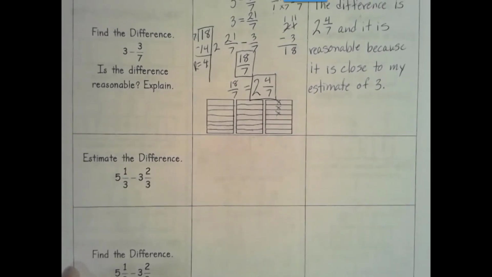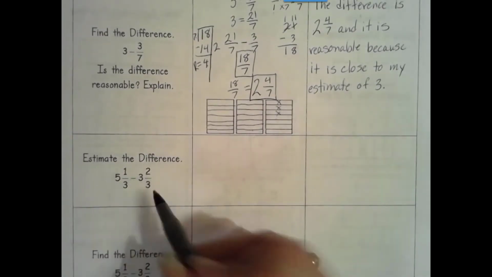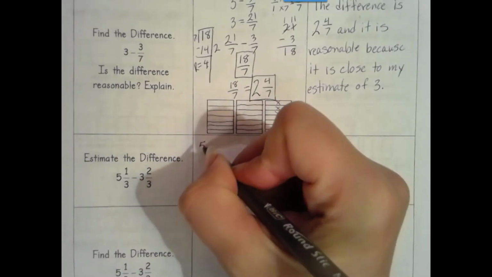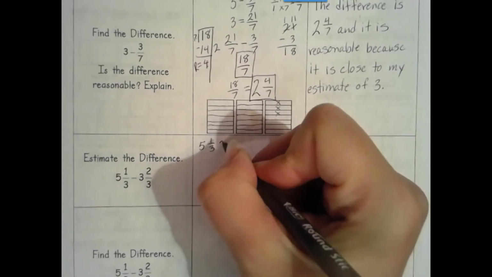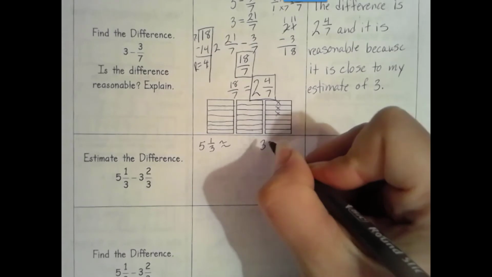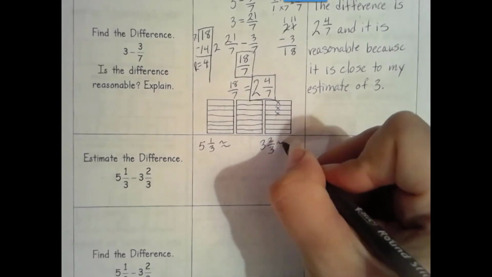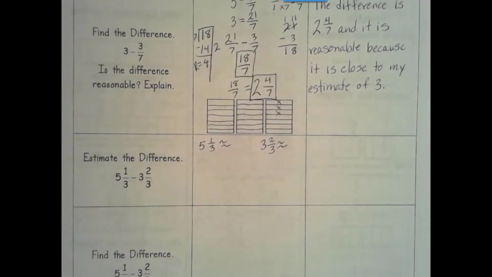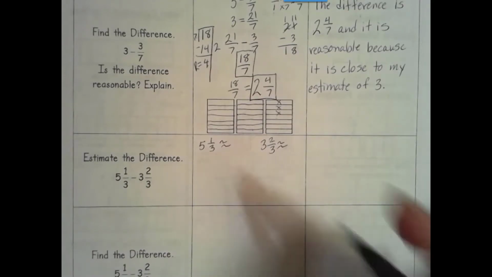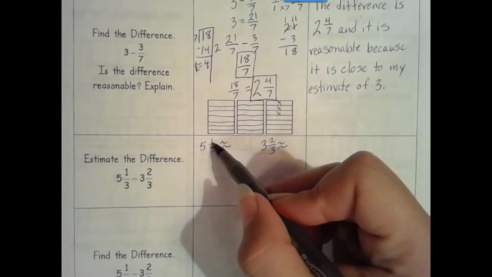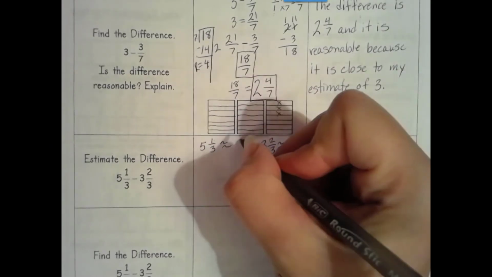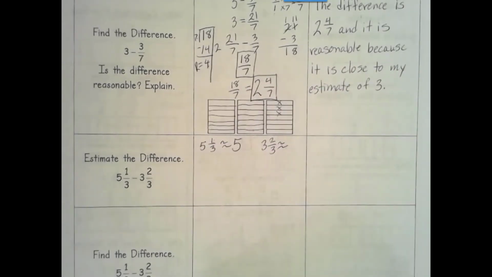All right, so now we're going to estimate the difference here. We have to look at both of them. Five and 1/3. Well, half of 3 is 1.5. So this is less than a half. That means it's closer to just being 5. Only has one piece.